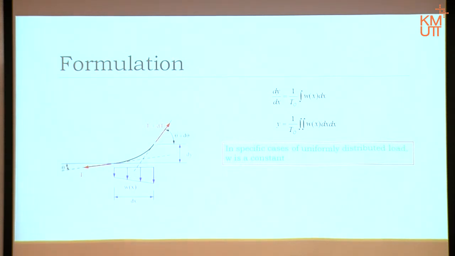Just to make it simpler. Therefore, it's no longer w of x, it's just w, a constant. So we will transform that equation. Notice the wording, in specific cases, meaning this proof after this is only for when w is a constant. Then w of x can be changed into w.